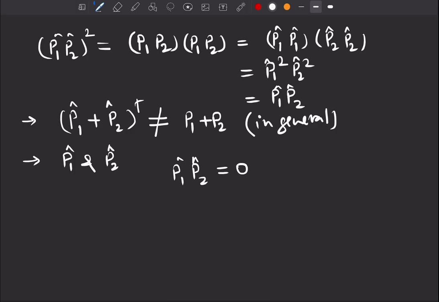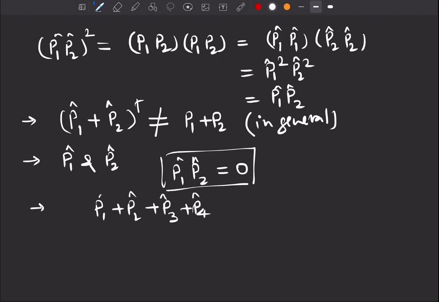For a sum of projection operators to be a projection operator, it is necessary and sufficient that these projection operators be mutually orthogonal. These should be orthogonal to each other.